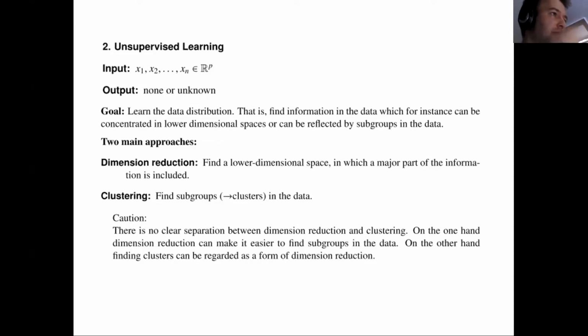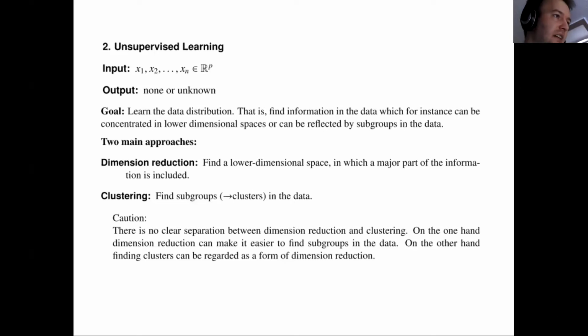Then, just for completeness, we have unsupervised learning. We have as input some data, but the output is unknown. Our goal then is to learn the data distribution, to find some patterns, to do clustering, basically find subgroups or clusters in the data. This has applications in marketing, if you think about targeted marketing and so on.